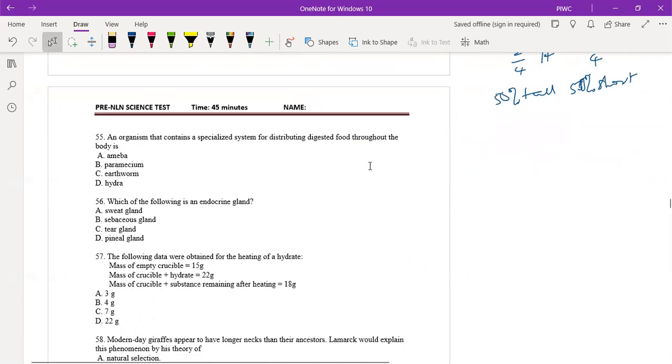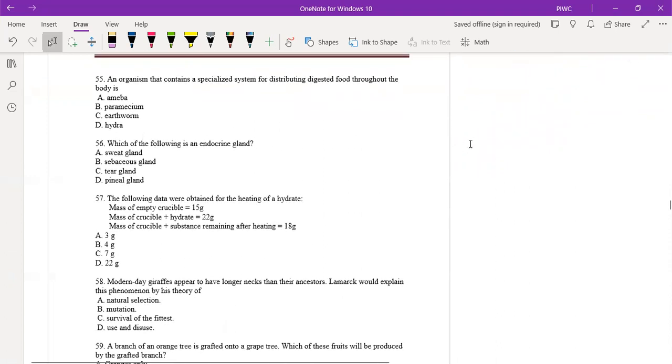55. An organism that contains a specialized system for distributing digested food throughout the body is, so which one? A specialized system for digestion. So it's a more developed organism, like let's say amoeba, paramecium, earthworm, and hydra.